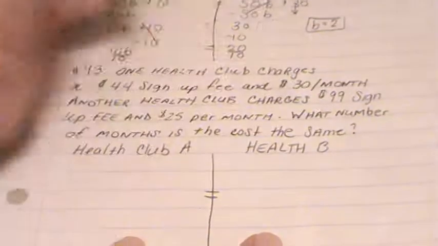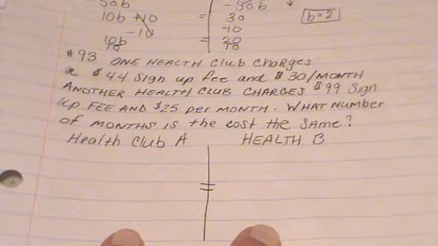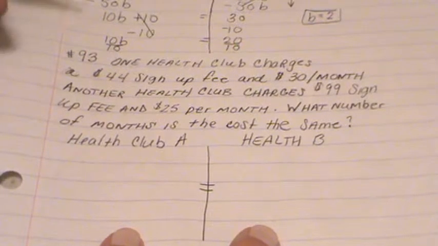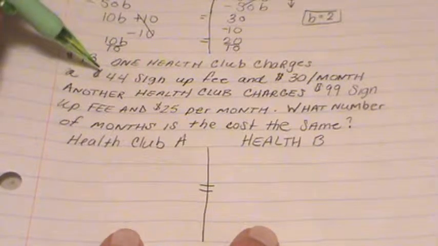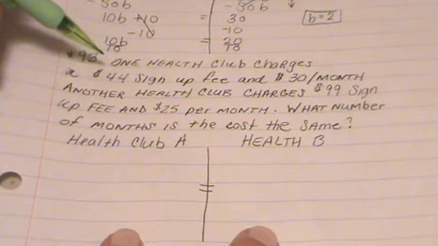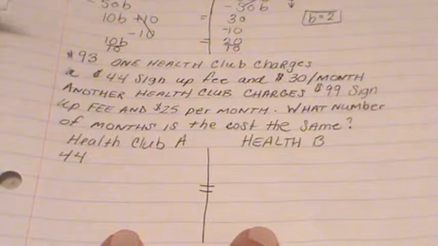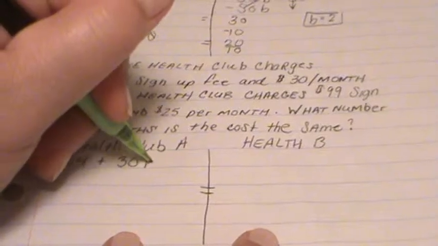The reason why I have you write it out is so that when you read the information in the story problem, you're translating it into algebra. If it's any information about Health Club A, then I go to the left-hand side. If there's any information on Health Club B, I go to the right-hand side. So on this problem, it says that the first health club charges $44. That's an automatic one-time fee. And when you have a one-time fee, you do not add a variable. So 44 plus it is $30 a month.